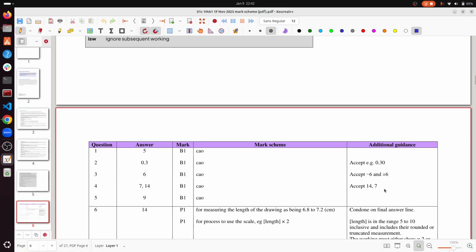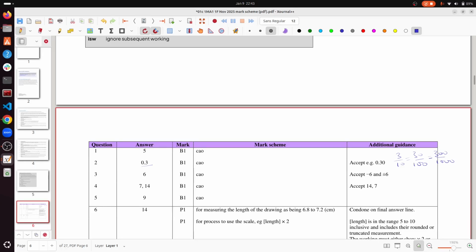Your examiner will look at this and say, okay, accept 0.30, because 3 over 10 is the same thing as 30 over 100, which would have been 300 over 1,000. Your examiner will accept extra zeros, but to be on the safe side, it's better to just give them this answer.